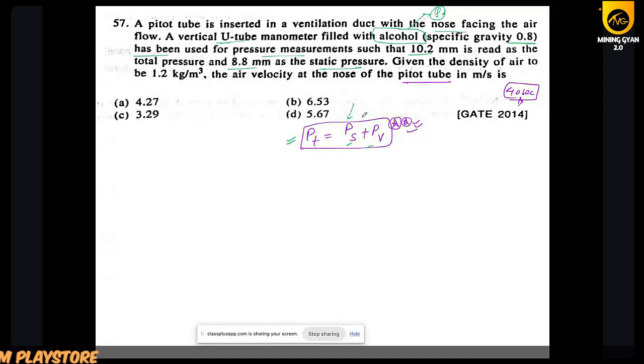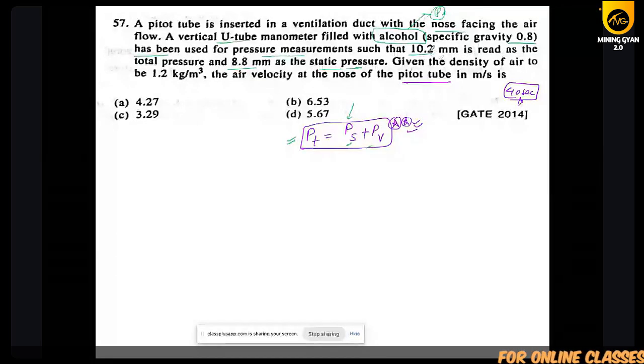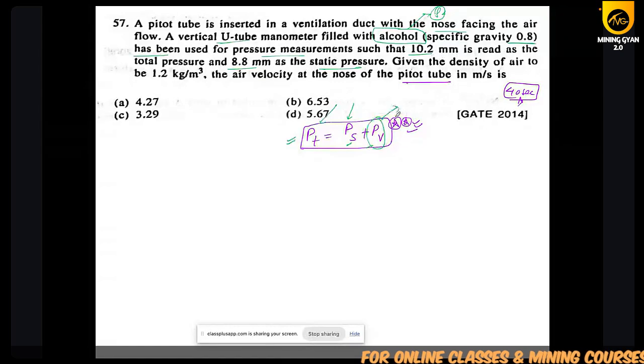So he has provided us the static pressure as well as the total pressure, so we can calculate the velocity pressure. Given the density of the air, we can find the air velocity from the velocity pressure.